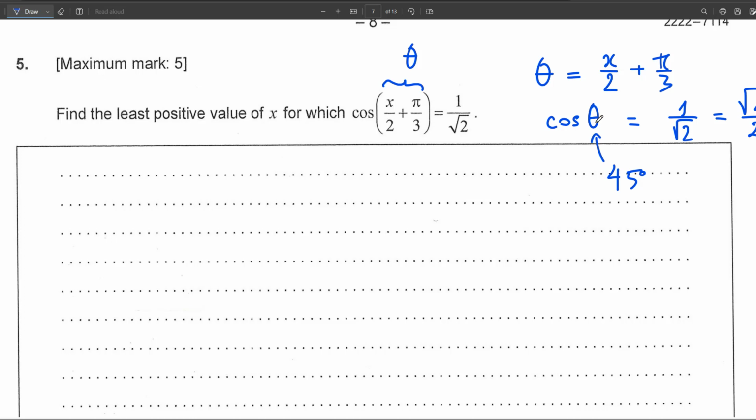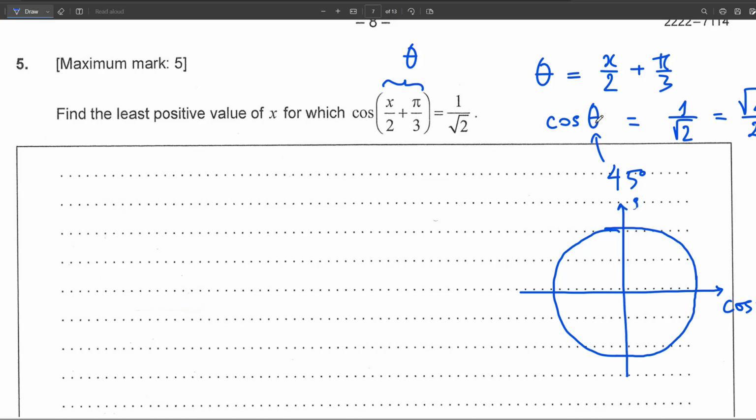As follows, we use another unit circle. Let me try drawing a beautiful unit circle. It is not very beautiful, but clear enough, right? This is the horizontal axis, which is the cosine axis, and the vertical axis is the sine axis.